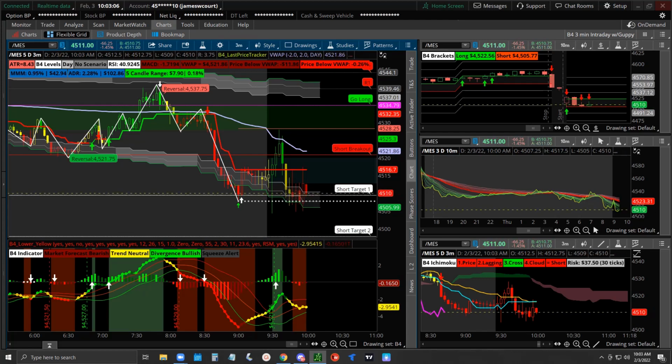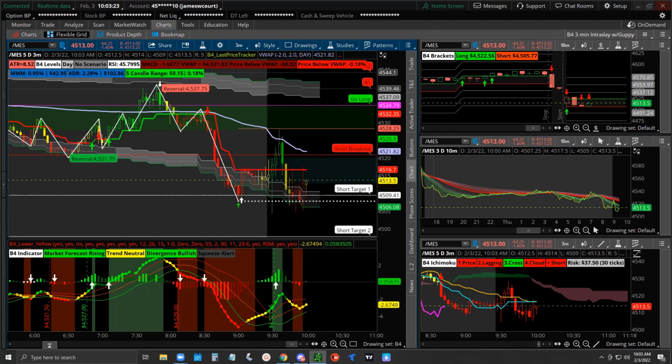There's a nice structure here the bears want to break. If they want to break it, I'm not going to buy something that may not go further up. You can take the whole entire range. You don't need to do the mother bar. So let me get rid of this.